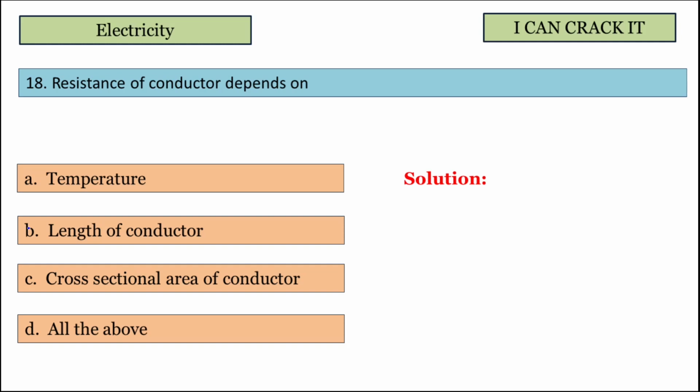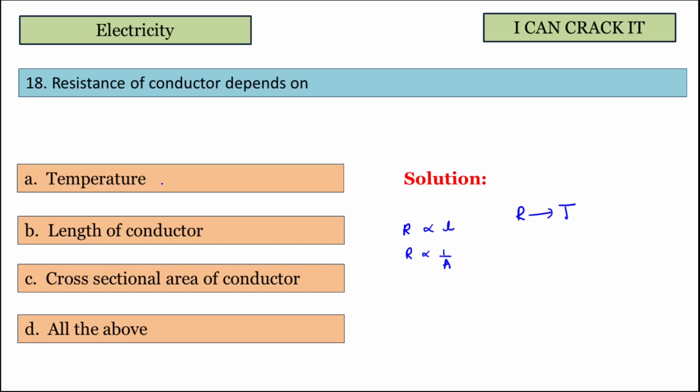The resistance of a conductor depends on. See, resistance depends on the length of the conductor. It is directly proportional to the length of the conductor, and resistance is inversely proportional to area. It depends on area, it depends on length, and it depends on temperature also.